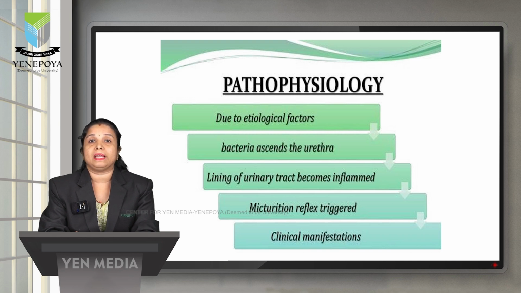It becomes inflamed, and because of the inflammation, the micturition reflex is triggered. The micturition reflex is the process that controls urination. It leads to various clinical signs and symptoms such as increased urgency, increased frequency, and causes pyuria, dysuria, etc.